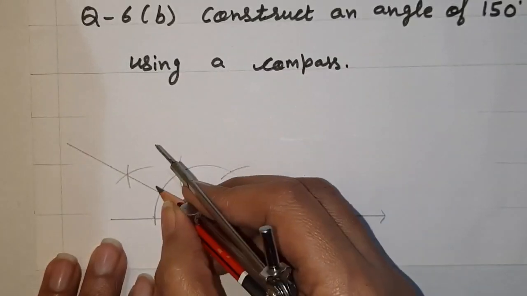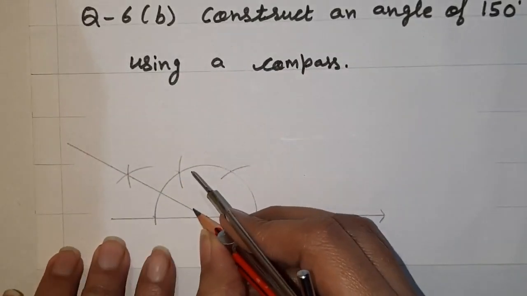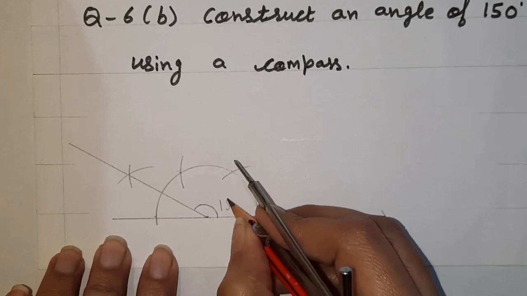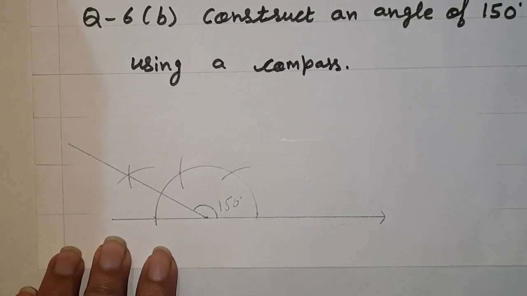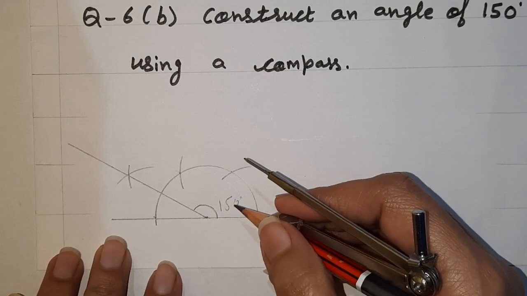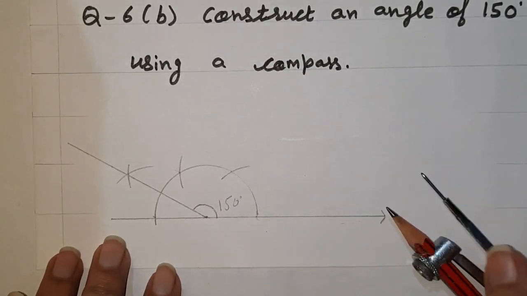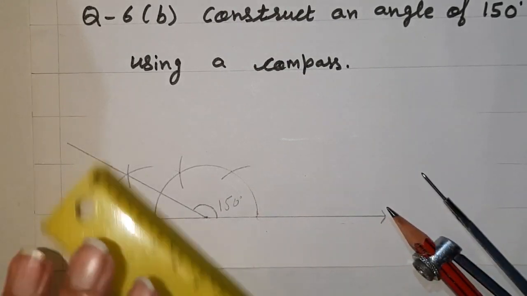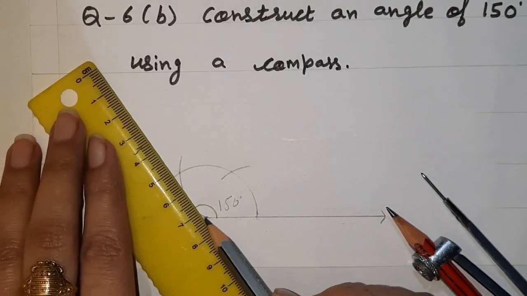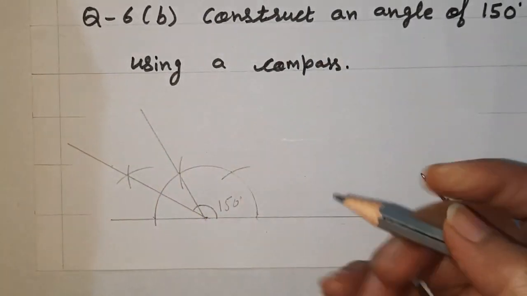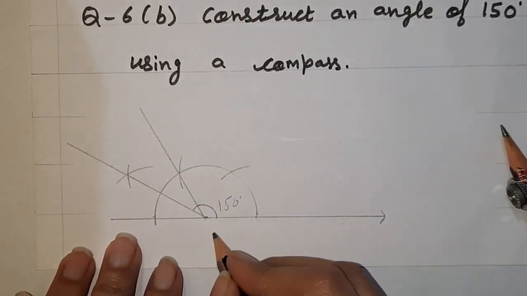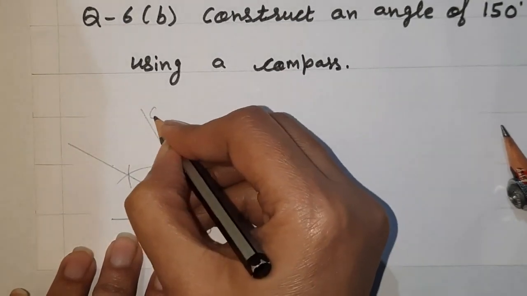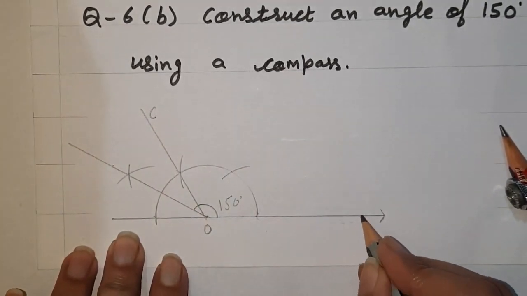60 plus 60, 120 plus 30. So this angle is of 150 degree. 60 plus 60, 120. 120 plus 30, 150. Okay. Now you can draw here also, because we have done bisection. Give the naming.